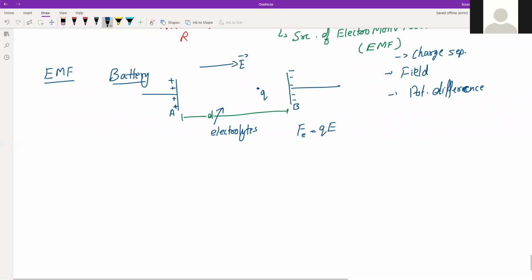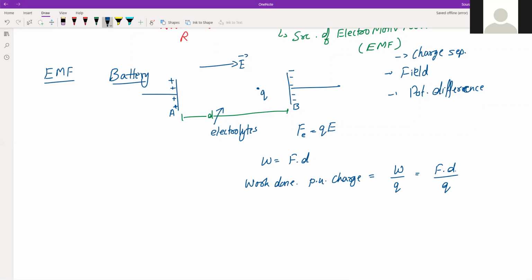The work done in crossing this distance d will be equal to the force times the displacement d, where d is the distance between the two terminals A and B. So the total work done per unit charge will be given by W divided by Q, which is equal to F d divided by Q. Now this W by Q is represented as E, or EMF.